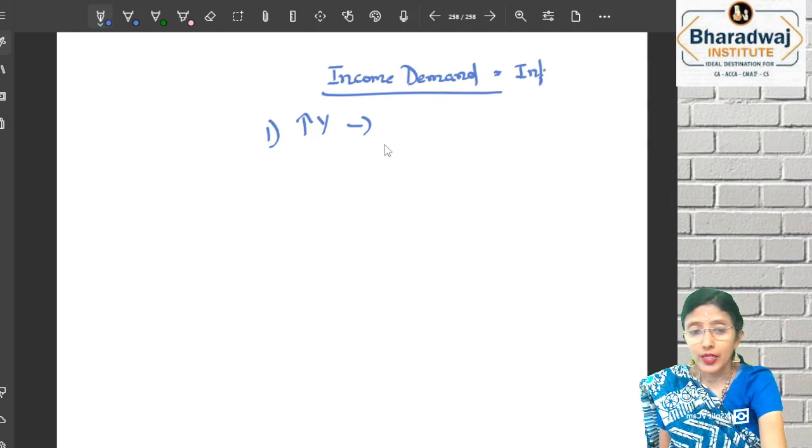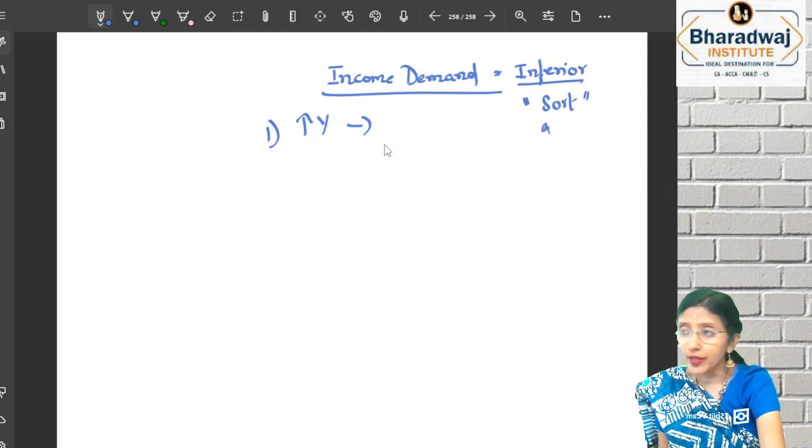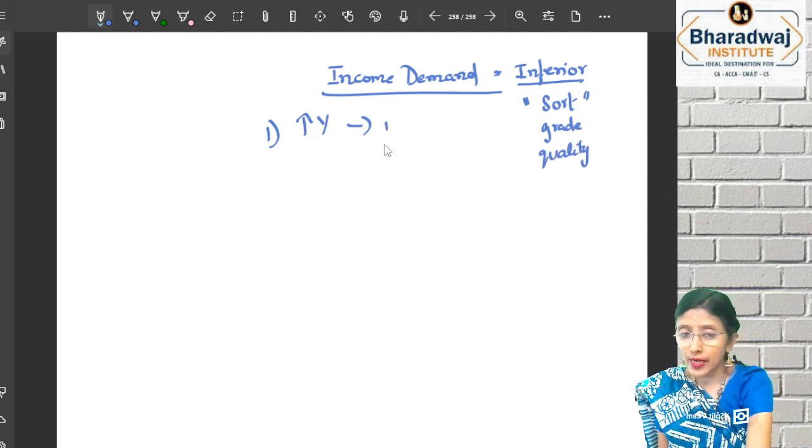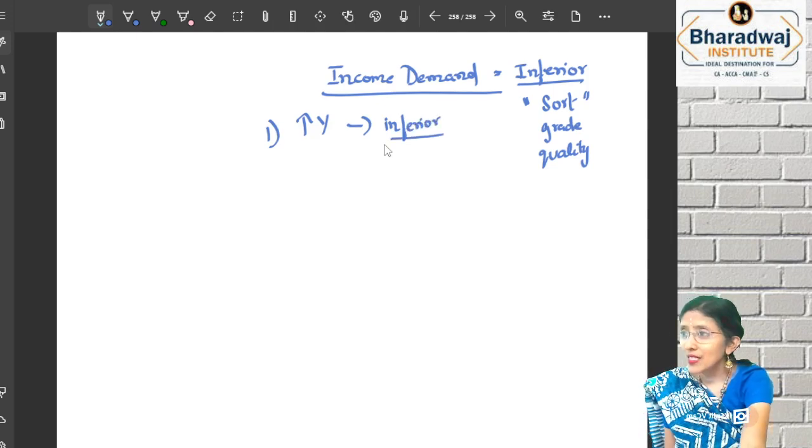Quality. Inferior under income demand is nothing but sort, grade, quality. Remember that. When the income increases, when I say inferior commodity, what does it mean? Second quality, third quality, isn't it?